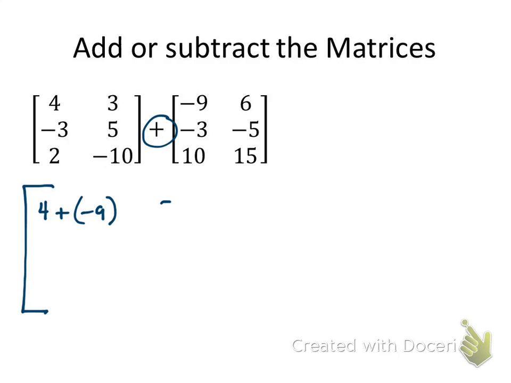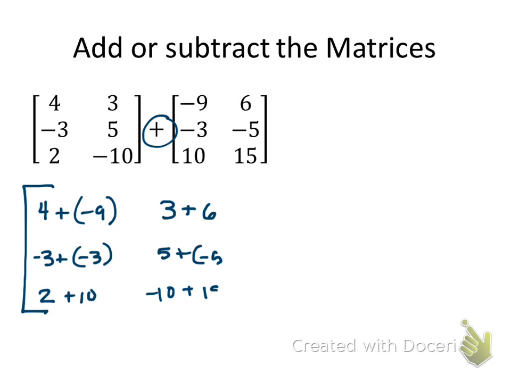Then I have 3 plus what? 6. Then I have negative 3 plus what? Negative 3. Then 5 plus negative 5, 2 plus 10, and negative 10 plus 15.